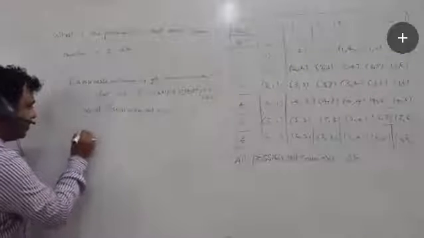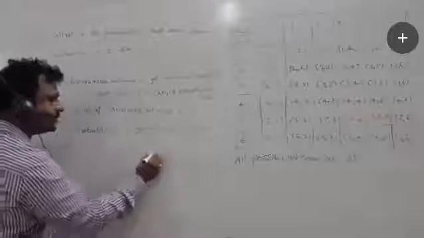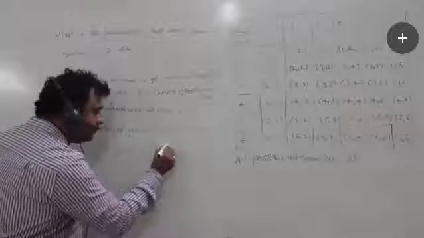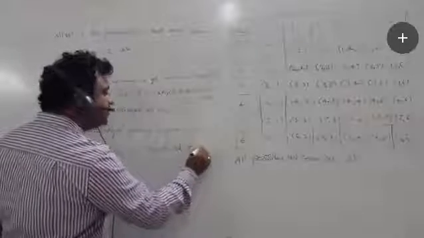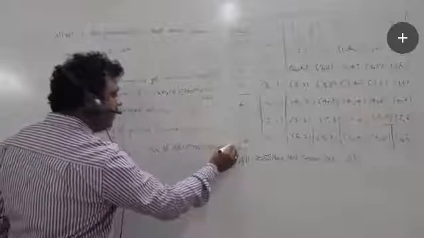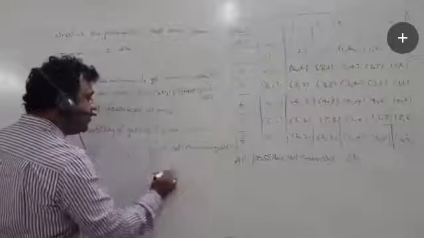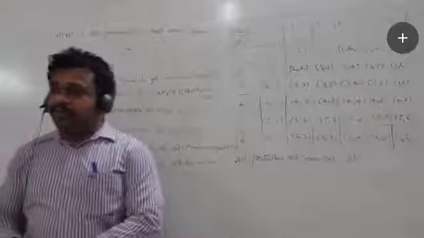Therefore, the probability of getting the same number, say event S, P of S is equal to, remember the formula, the number of outcomes favorable to S by the number of all possible outcomes.